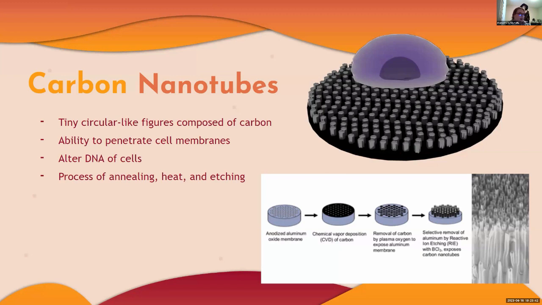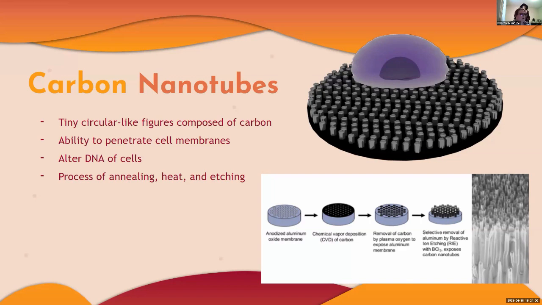And just to get a sense of how small these nanotubes really are, the membrane itself is about the size of a dime, which is 13 millimeters in diameter. These nanotubes come in thousands on the membranes, and they're about 200 nanometers in diameter, which compared to millimeters is 2/10,000ths of a millimeter.